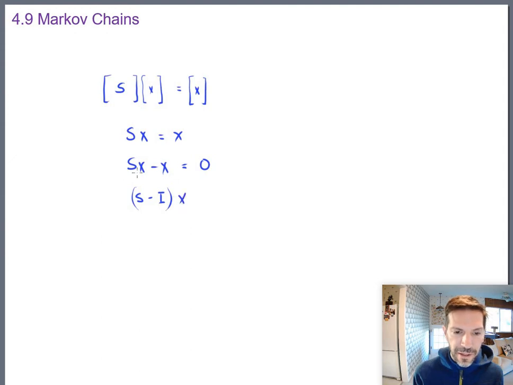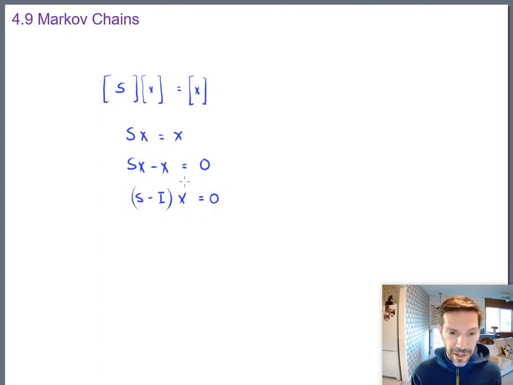If you were factoring and the coefficients were numbers, you would leave a 1 in there. But since we're talking about matrices, it's an identity matrix, the matrix version of a 1. So we are looking to solve a homogeneous matrix equation, equal to 0.